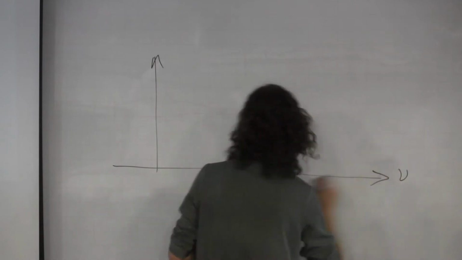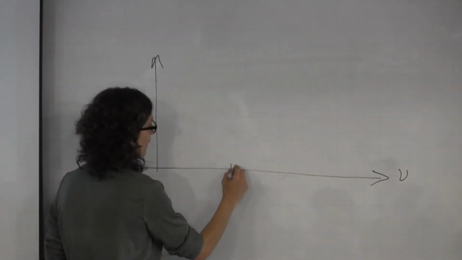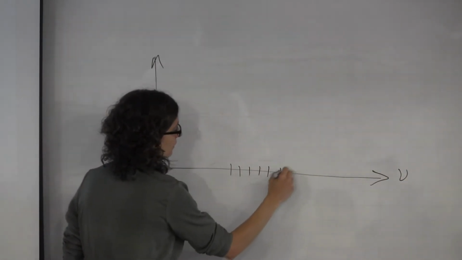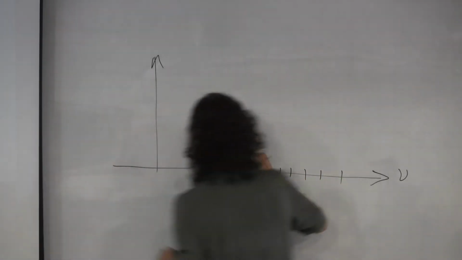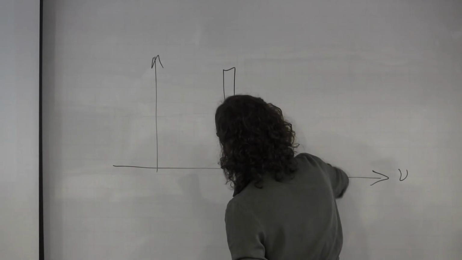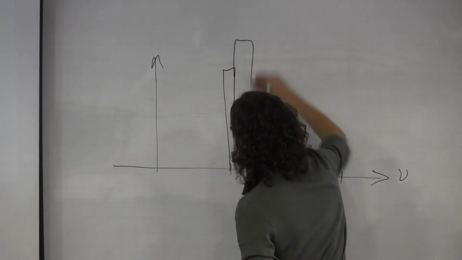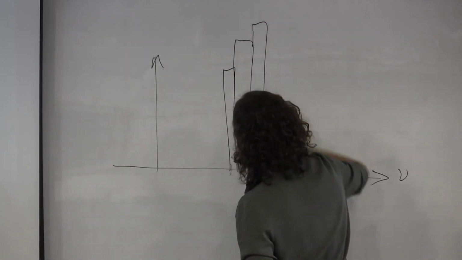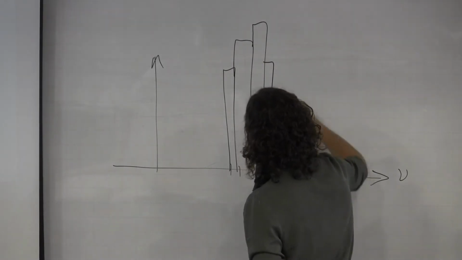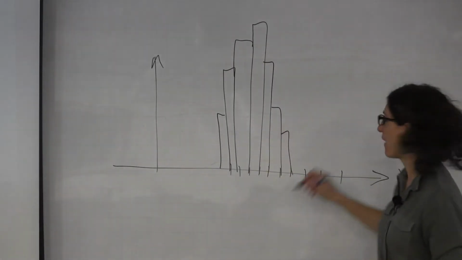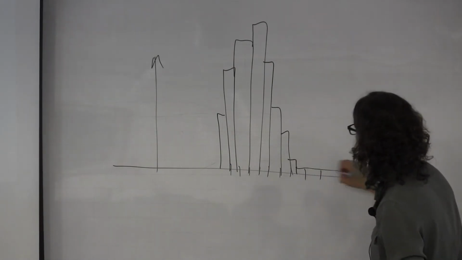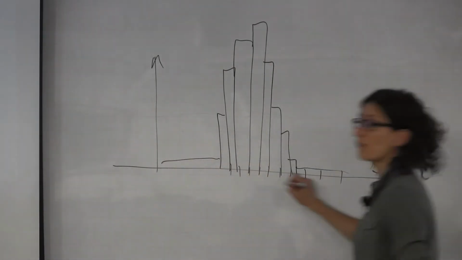So you have frequency, and what you do is you bin the frequency range, and then you measure the sky brightness in every one of these channels.